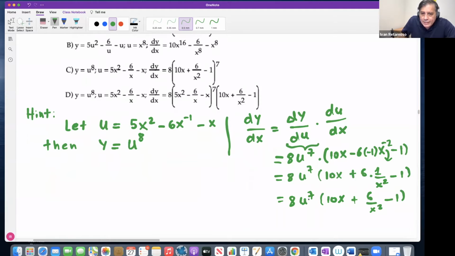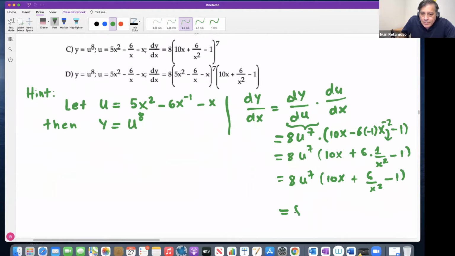Almost done. Now, this u, rewrite it in terms of x. Look, u is this: 5x squared minus 6 over x. Notice I'm writing this down here to avoid the negative 1 as exponent, right? And this raised to the 7th power times (10x plus 6 over x squared minus 1). Excellent, right?